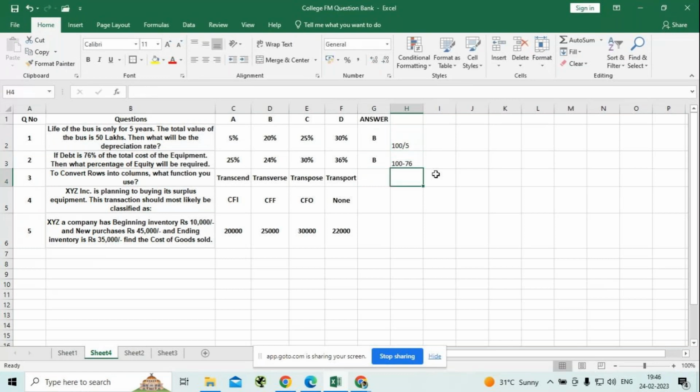Sir, is it option C, transpose? Yes. There is a feature called transpose which will convert the values in a row into a column, and the values in column format into row format. Good.